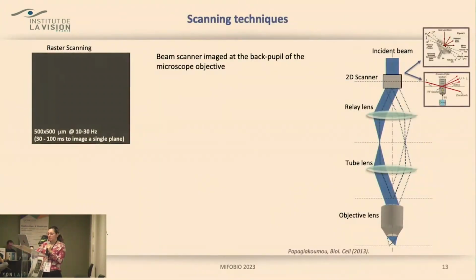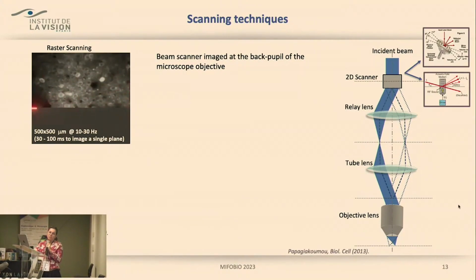So starting with the scanning approaches, the idea here, I guess you all know, is that we use a scanner that is placed at a plane that is conjugated to the back focal plane of the objective of our microscope. This scanner can be galvanometric scanners, resonant scanners, or acousto-optic deflectors.